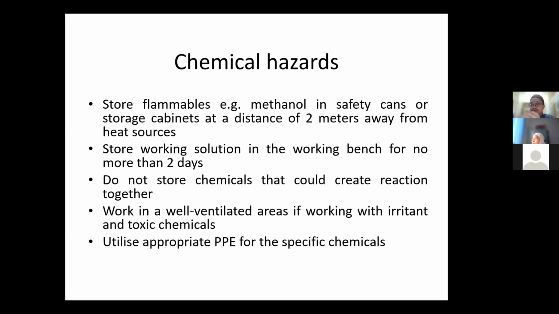Normally we will prepare in a huge quantity. That is our working solution. Ideally the lab must have its own working bench, so any working solution, we put it there. When we want to use it, we take a little and bring it to our bench. But if we prepare the solution, we should not use it if it is already 2 days and over.